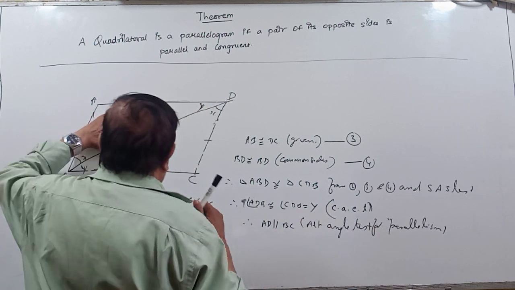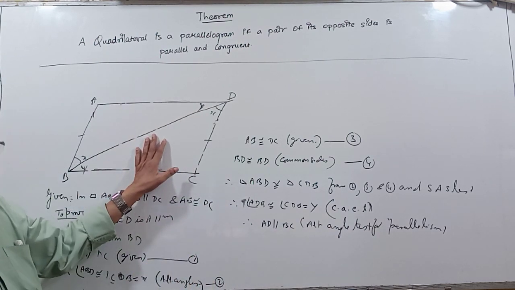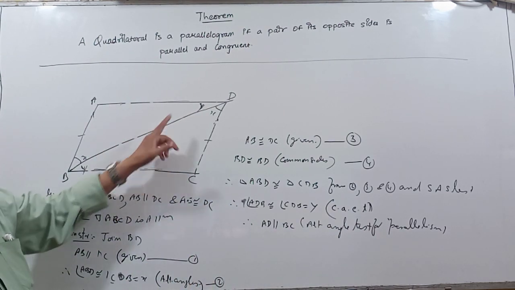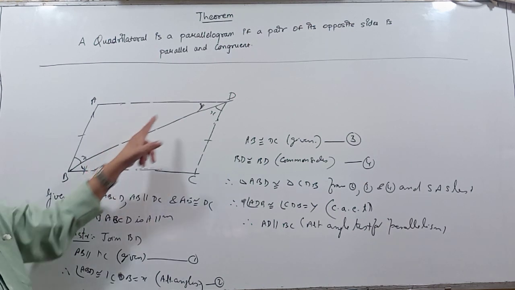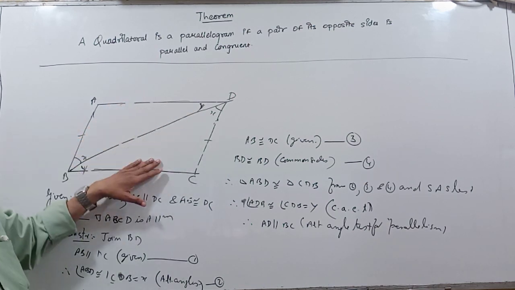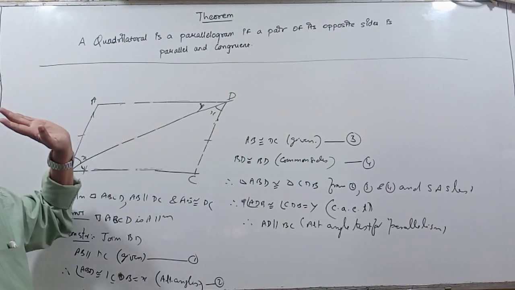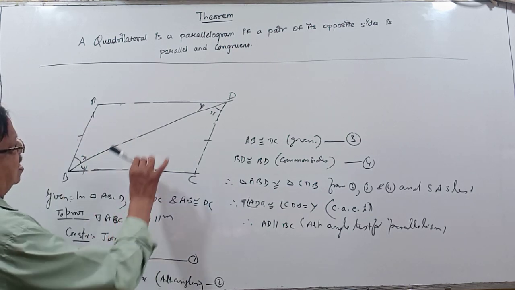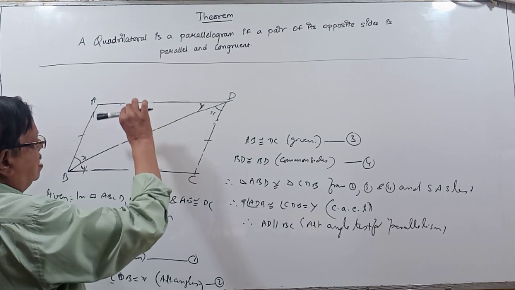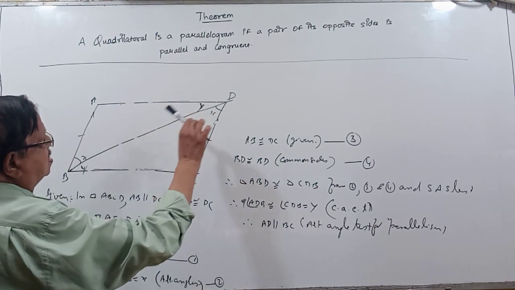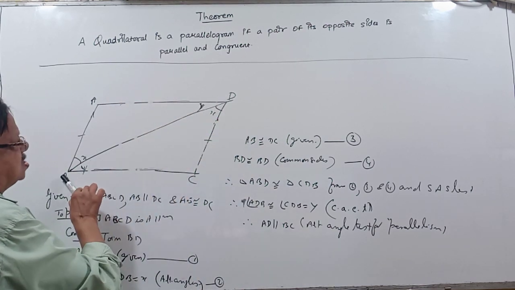First we proved the triangles congruent. If triangles are congruent, this angle congruent to this angle. They are corresponding angles of these two triangles. Now forget about the triangle; we don't need the triangle now. We will only concentrate on this side and this side. For these two sides, this is the transversal.